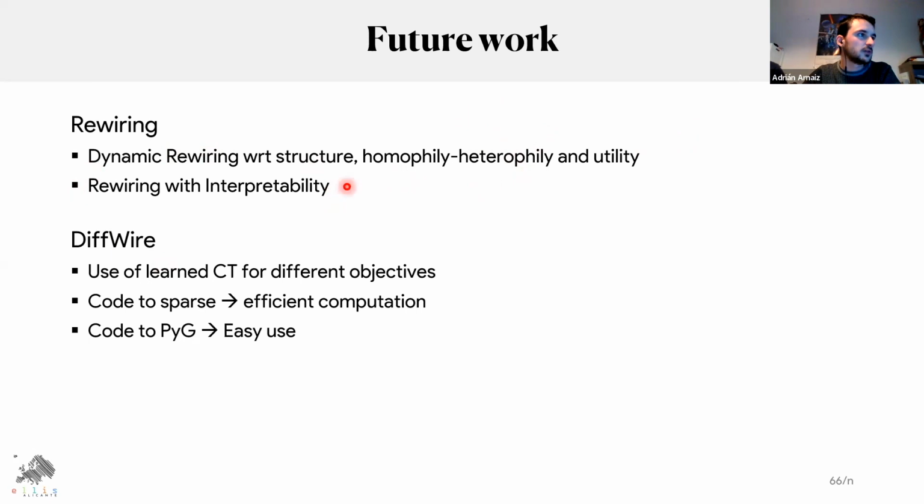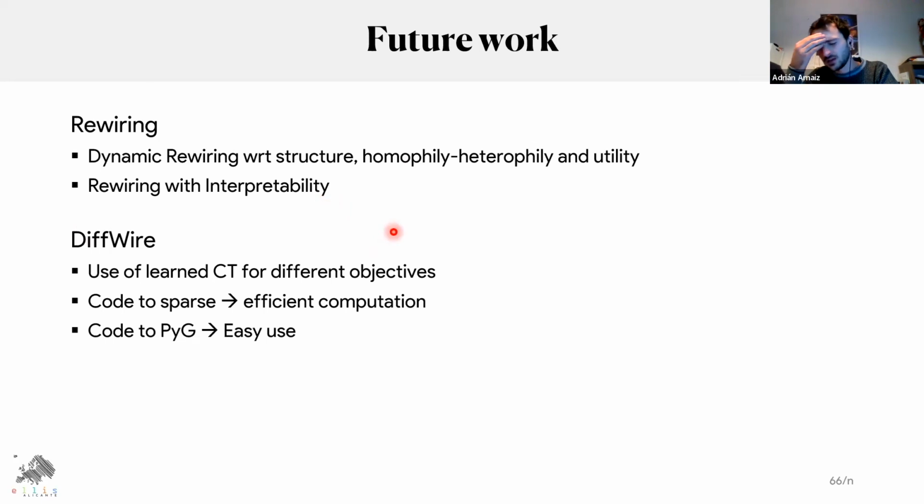And from our point of view, it always has to be more interpretable, because there are also works that use transformers for full attention, but that is not very interpretable or efficient, computationally speaking. And in terms of DiffWire, you can use these learned CT distances or CT embedding for positional encoding, for directional graph networks, for Laplacian, whatever you want.